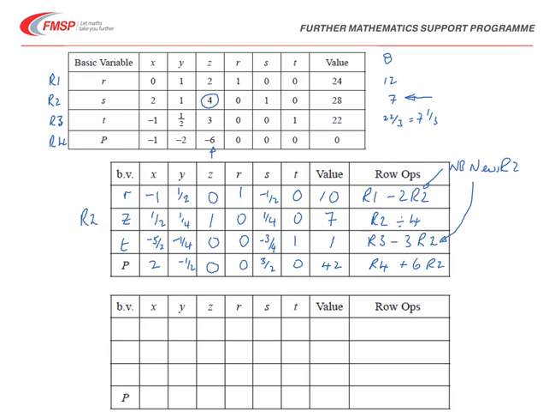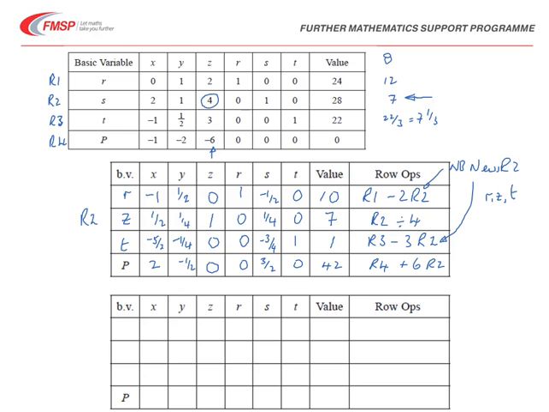Well, we could look at interpreting the tableau as we've got it at the moment. Remember that the basic variables are R, Z, and T. Those are the ones which are non-zero. So how do we read off their values? Those are read by looking along the table to the value.